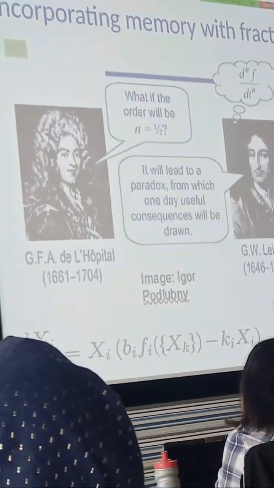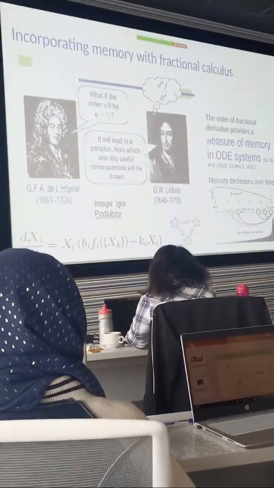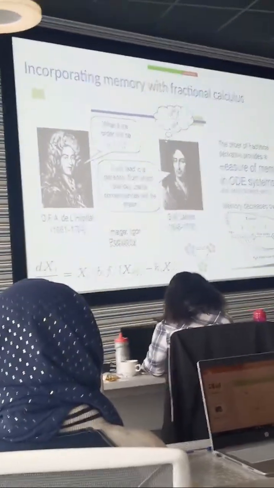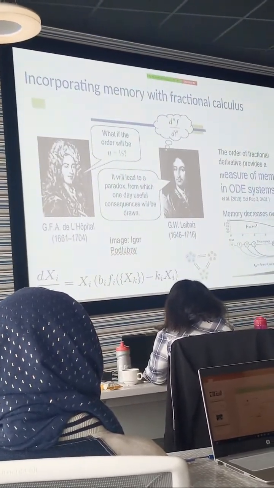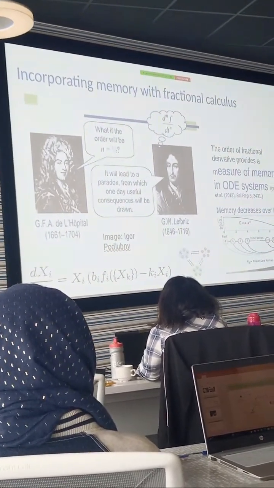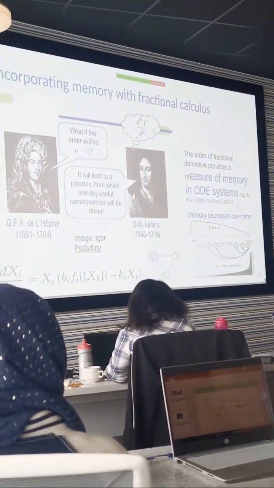And one way of incorporating this into models is fractional calculus. Fractional calculus is where you use non-integer derivatives in the differential equation models. And this has been shown to have an interpretation as memory.